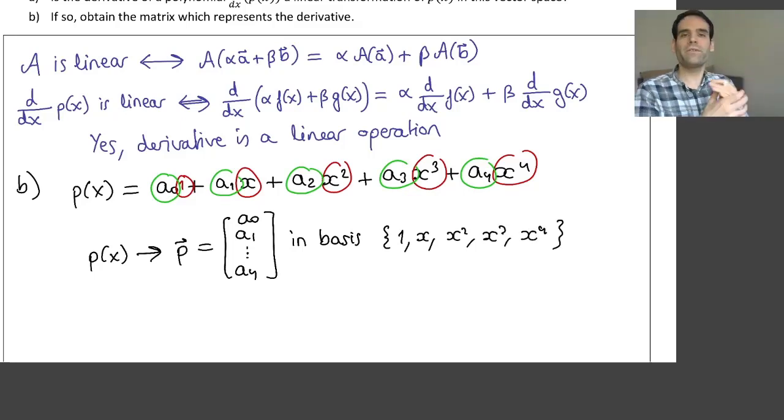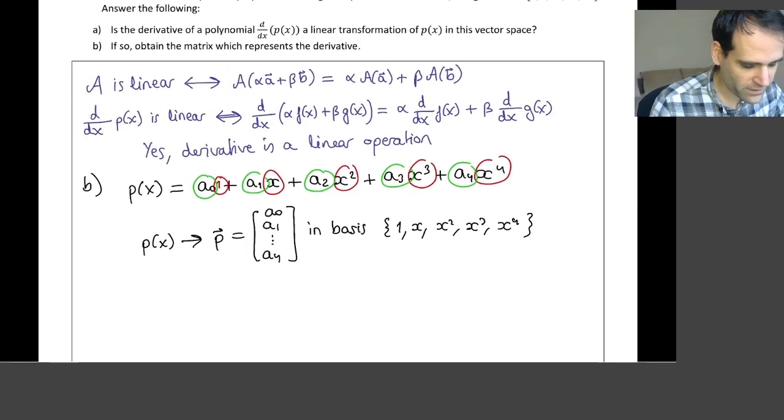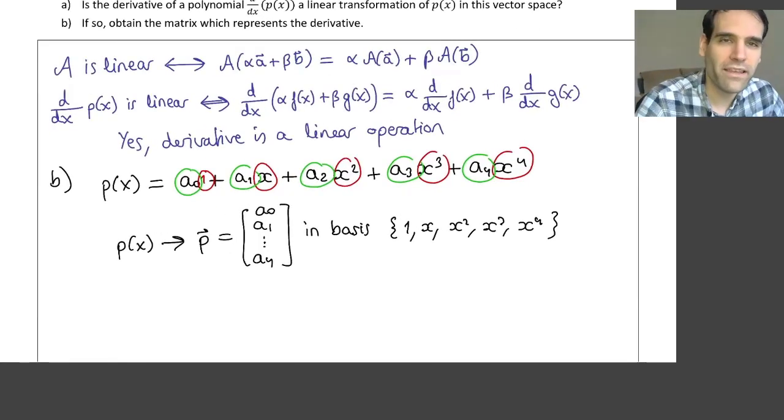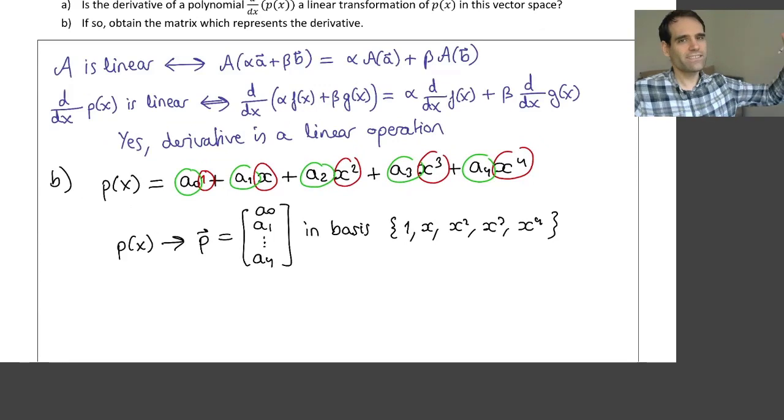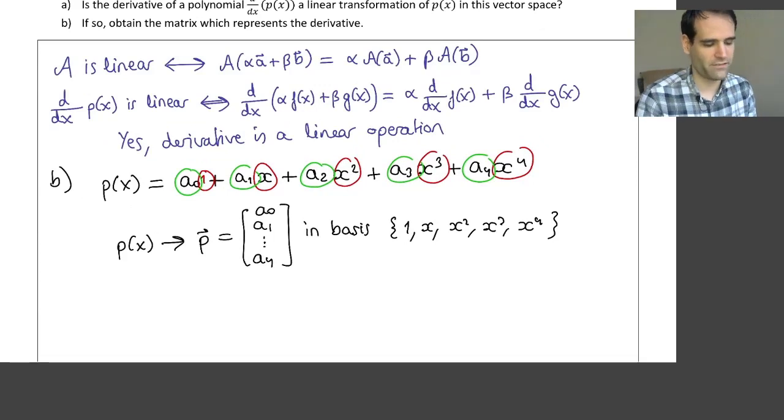Yeah? So you agree with this. And this fulfills all of the axioms of a vector space. You can check them. There are 10 axioms. All of the axioms are fulfilled, which means that polynomials can be written as vectors. So if the derivative is a linear operator that can act on polynomials, this means that we can find a matrix for this derivative, right?